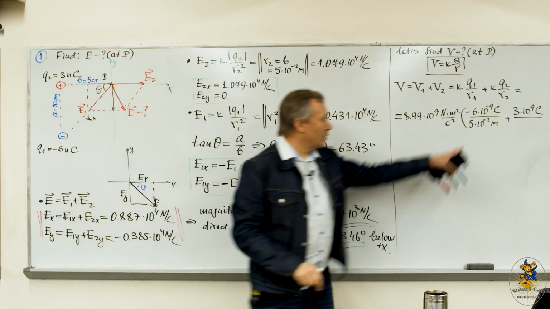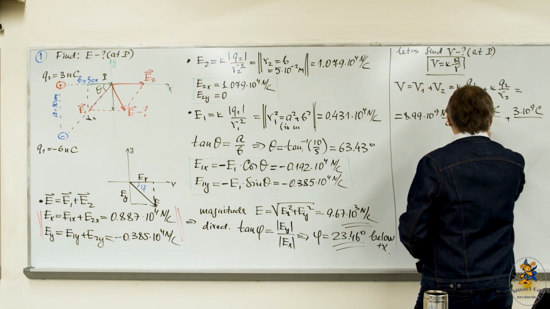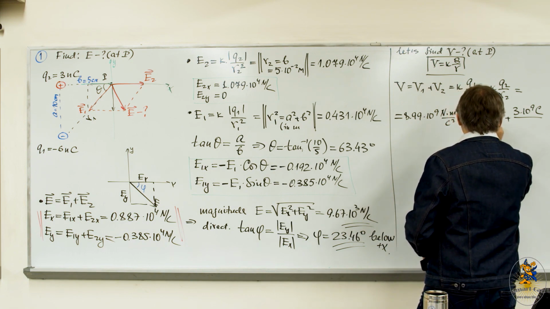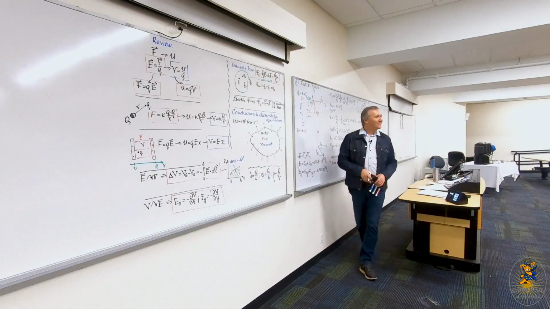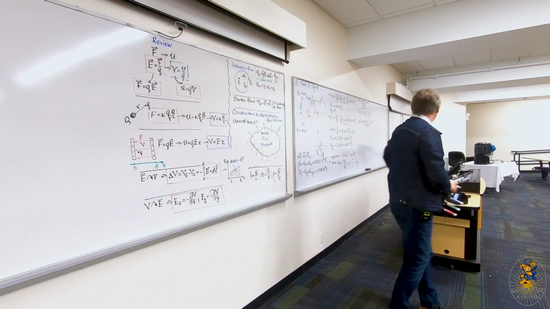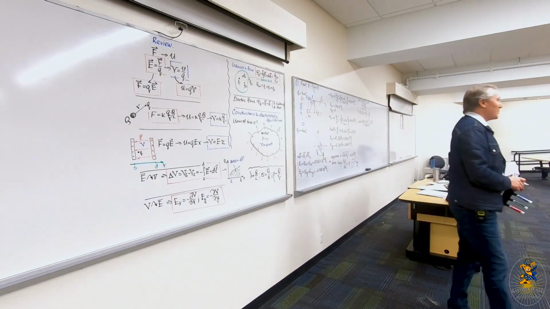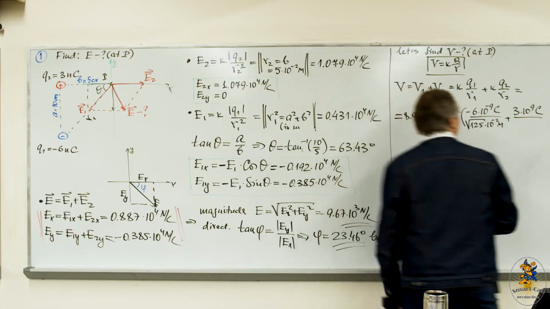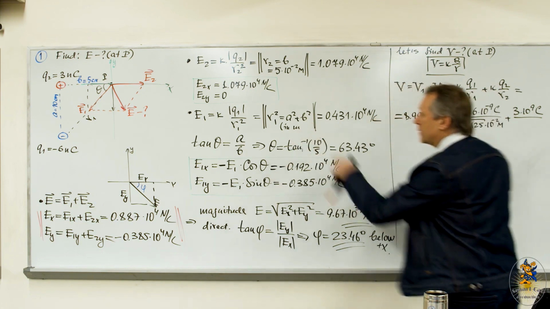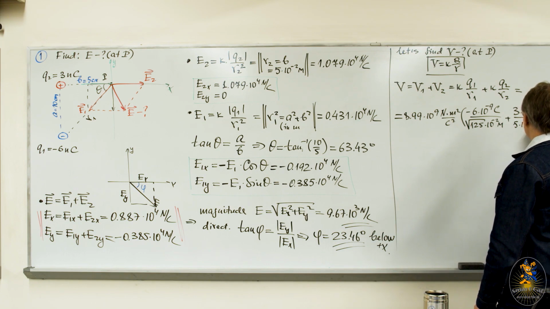That's what I need to use, not 5. So let me erase this. So it will be square root of 125 times 10 to the power of minus 2 meters. Again, exactly the same mistake I made last night when I was preparing this problem, and then I quickly realized that it's not right. So then R2 is just B, 5 times 10 to the power of minus 2 meters.